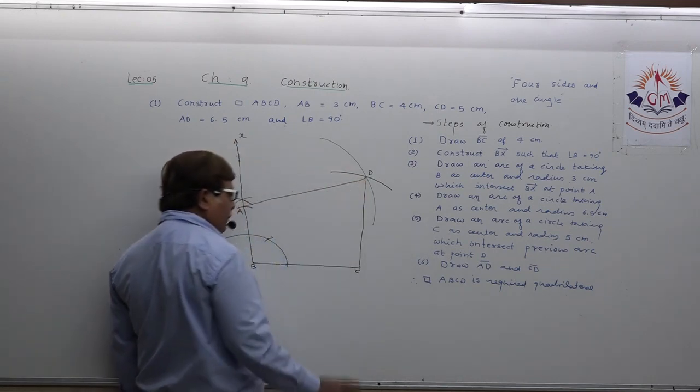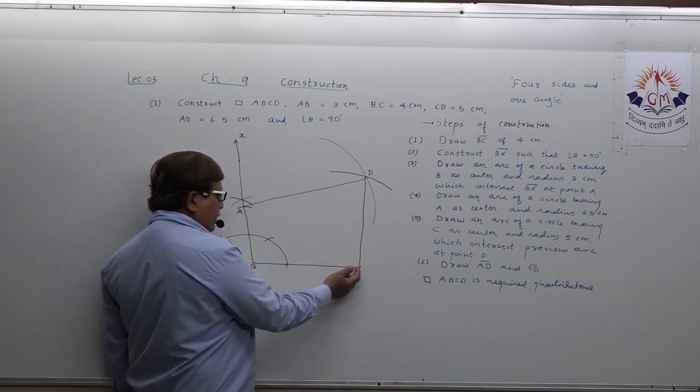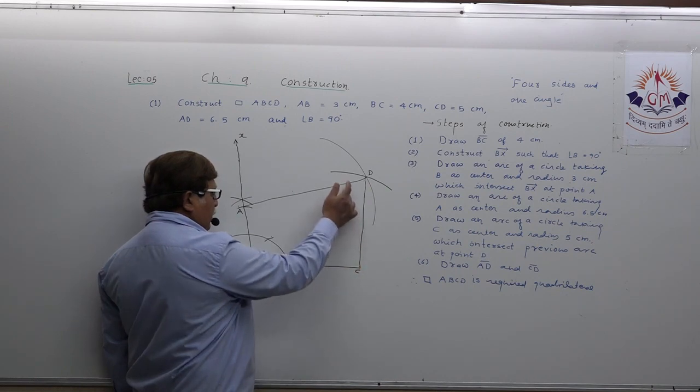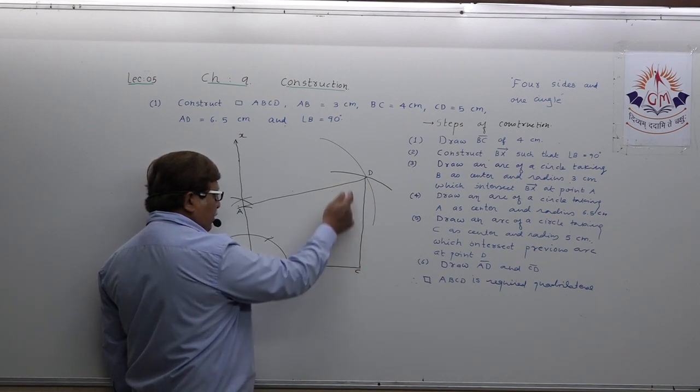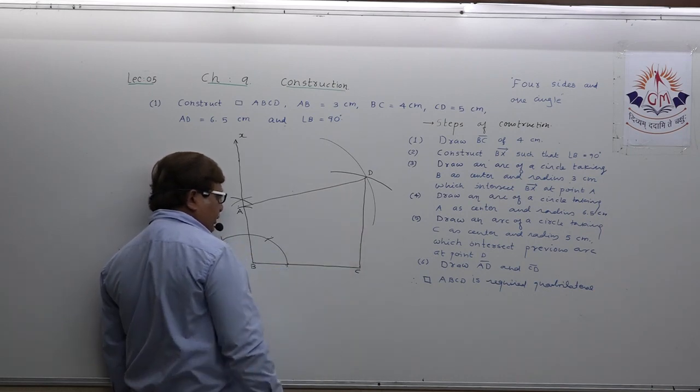Okay. Next step, centering compass at C, you draw an arc of circle taking radius 5 centimeter.